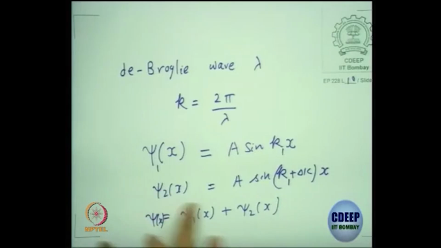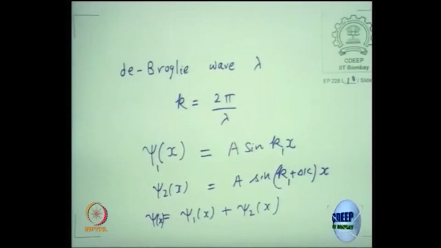If you start adding one more wave, then you will start seeing some kind of a superposed state with not a definite wavelength, but with some width which is proportional to your delta k. We have done this as one of the assignment problems.